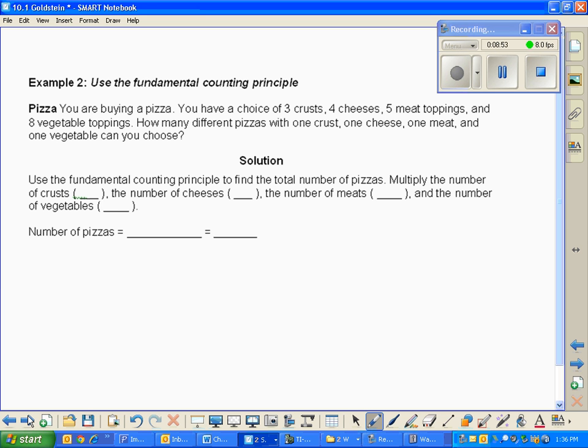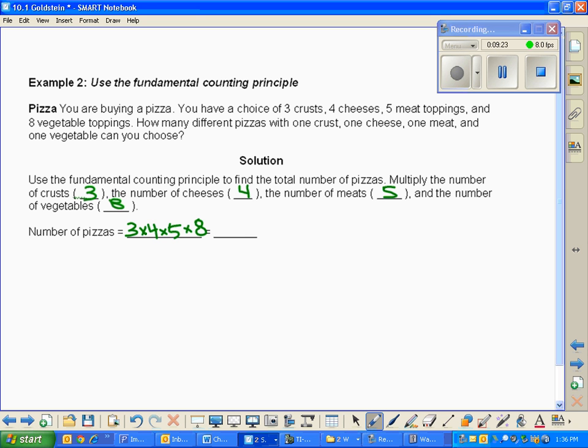So we would multiply the crusts, 3, cheeses, 4, meats, 5, and vegetables, 8. We have to take all of those events into account. So our first event, choosing the crust, there's 3 ways that can go down. Then we have 4 ways for the cheeses, 5 for the meats, and lastly 8 for the vegetables.